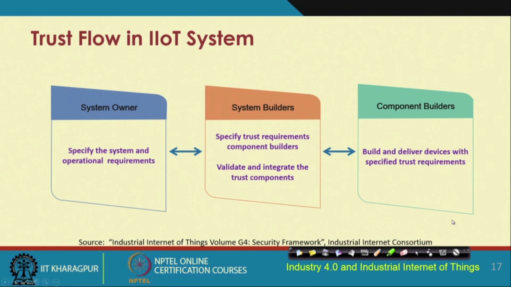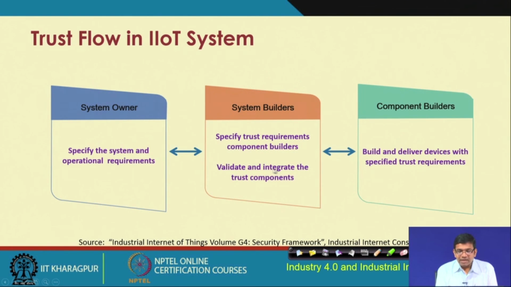So, in an IIoT system, trust flow happens between the system owner, who basically specifies the system and operational requirements, through the system builders, who specify the trust requirements for the component builders and validate and integrate those trust components, to the component builders, who actually build and deliver the devices with the specified trust requirements.